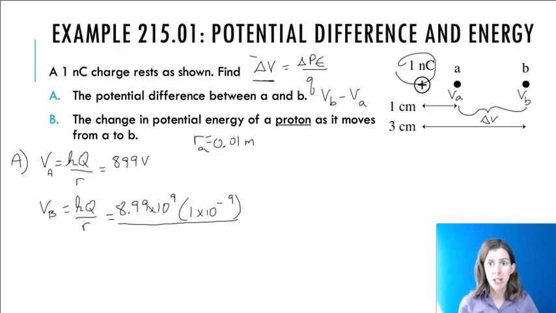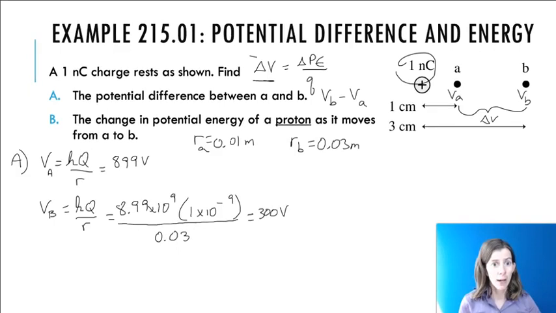So to find the potential at B, the distance from the charge to that point is now 3 centimeters. So rB is 0.03 meters. That's the only difference between finding the potential at A versus at B. At B, we are further away, so the potential is less. So we plug in 0.03, and we're going to get 300 volts.